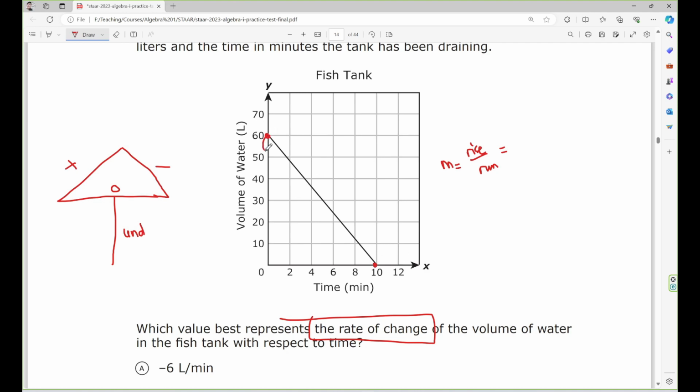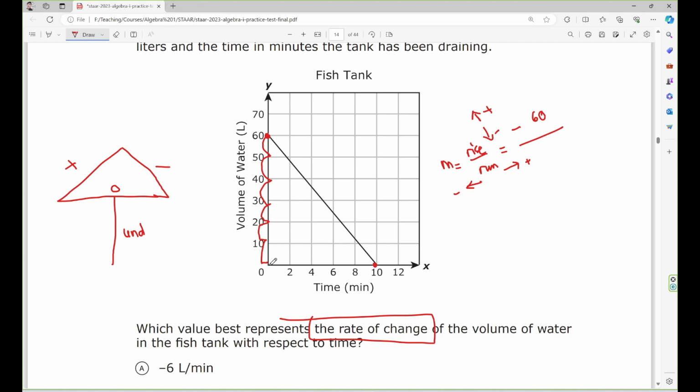I go down 1, 2, 3, 4, 5, 6. I go down 6, so it should be negative, right? Because I go down. Rise, if you go up, positive. You go down, negative. Run, go to the right, positive. Go to the left, negative. So you go down 6, but you need to be careful with the scale right here: negative 60.